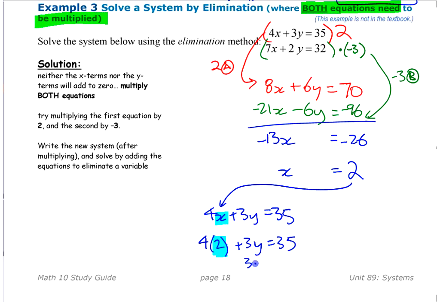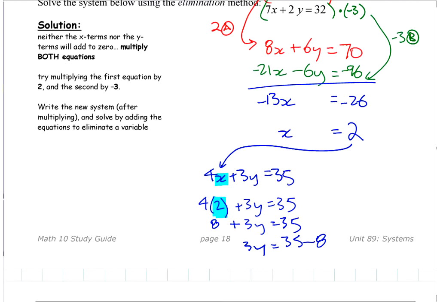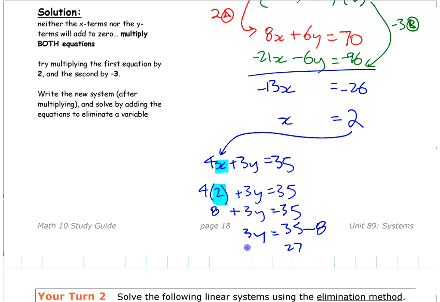Okay, if you work it out, oops, try again. We got 8 plus 3y equals 35. 3y equals 35 minus 8, whatever that is. If 3y is 27, y is 9. So your solution is 2, 9.